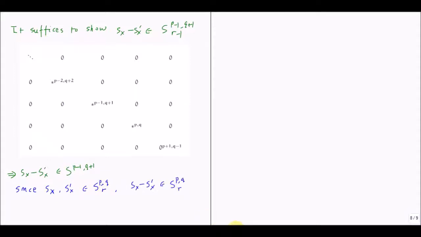In this figure, it means s_x and s prime sub x can be knocked r terms deep into this filtration. Say this guy vanishes, and this guy vanishes, and this guy vanishes. However, for s_x minus s prime sub x, this pq term is already 0.